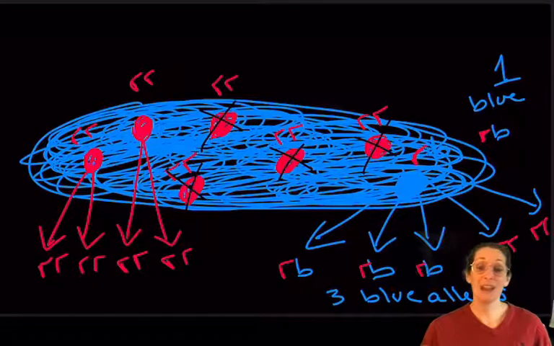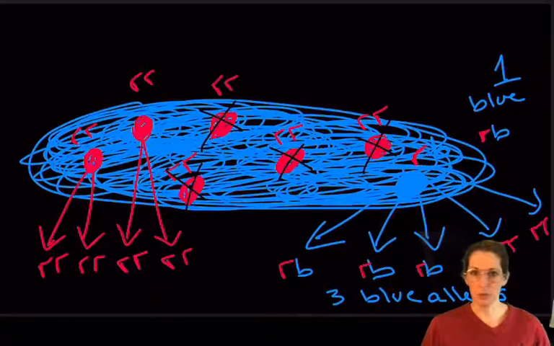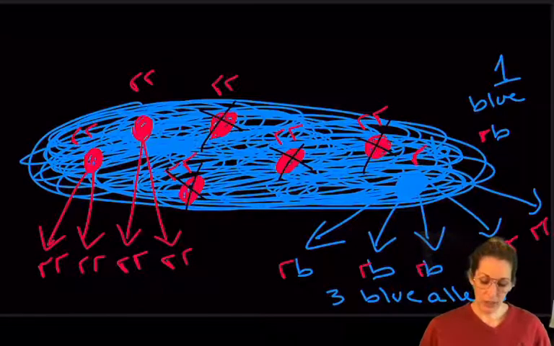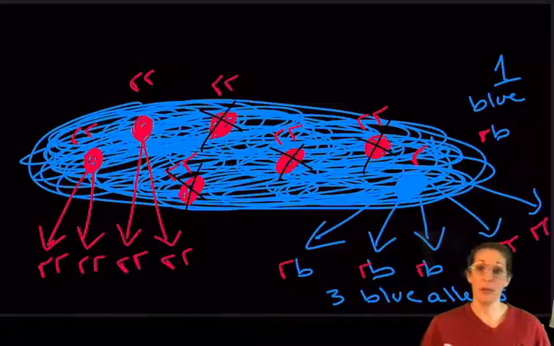We've increased our frequency of the blue allele. And we could go through and add up the numbers if we wanted to and figure out delta p. So the frequency in the first generation of the blue allele would be the blue alleles divided by all of the alleles. And now we can go to the next generation, and that would be the frequency of the blue alleles divided by all of the alleles. And we'll see that the frequency increases in the second generation.